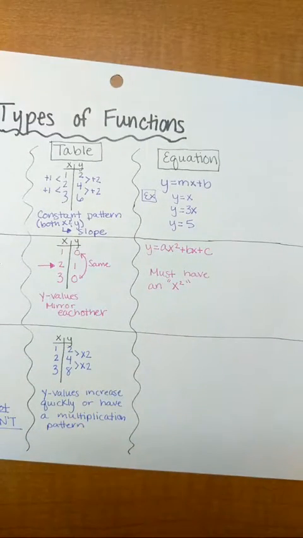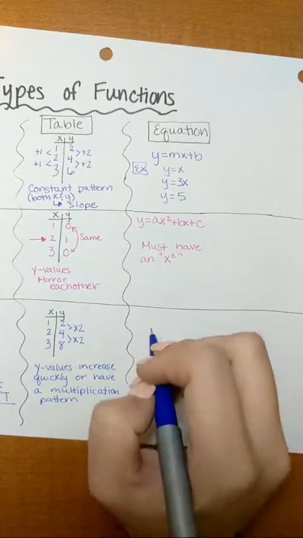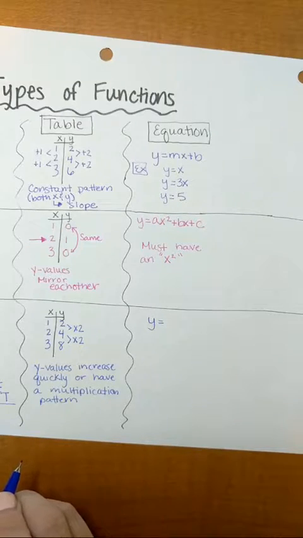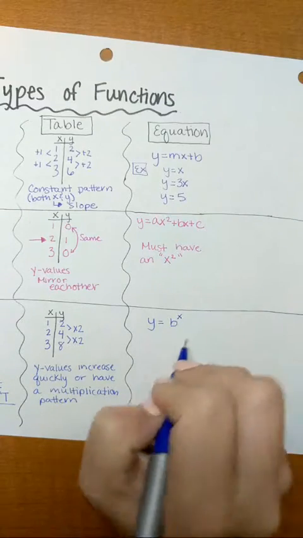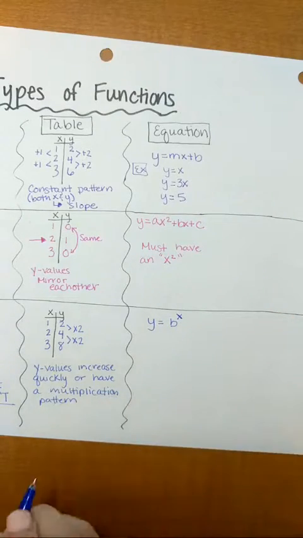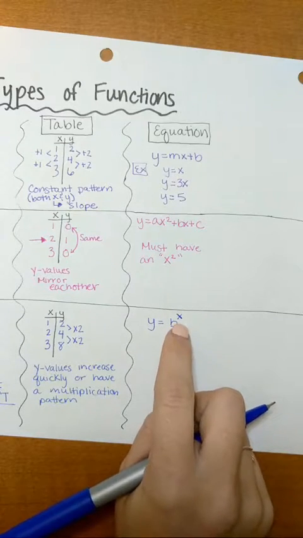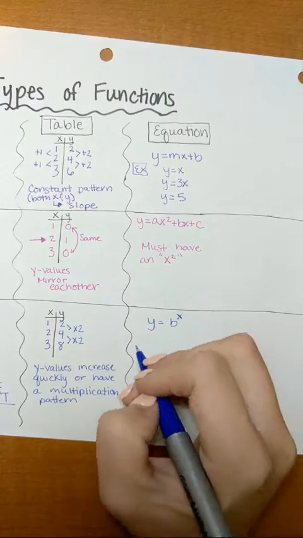And then for exponential, it is y equals b to the x power. So this time your exponent is x, which is why this is called exponential.